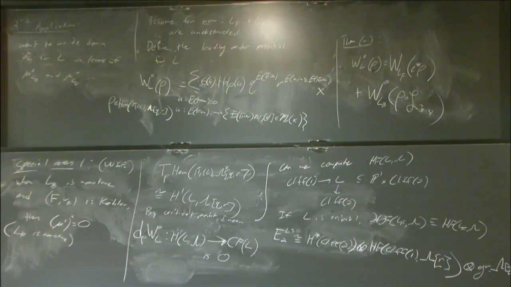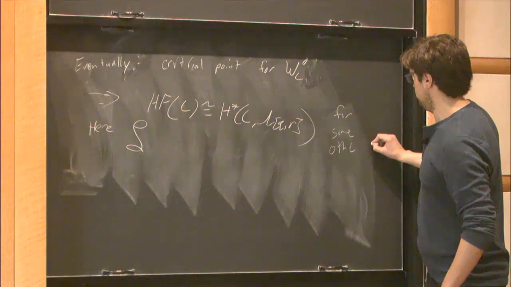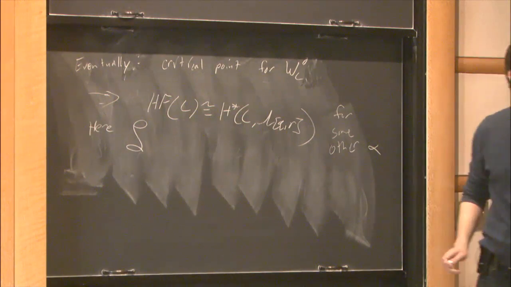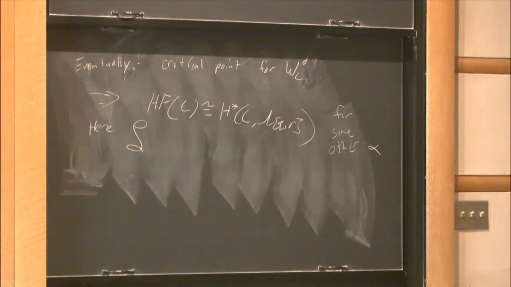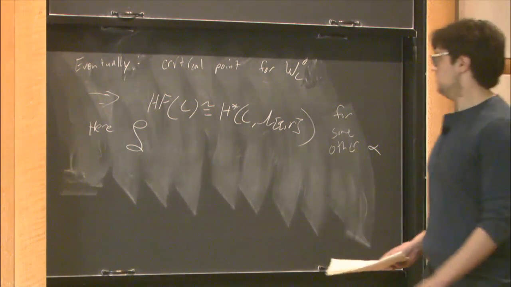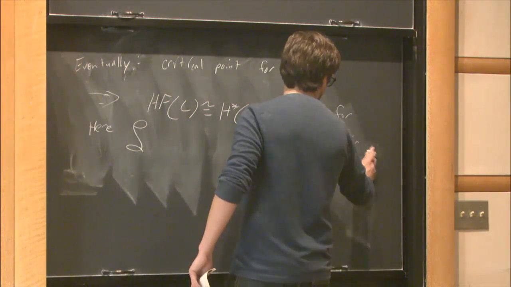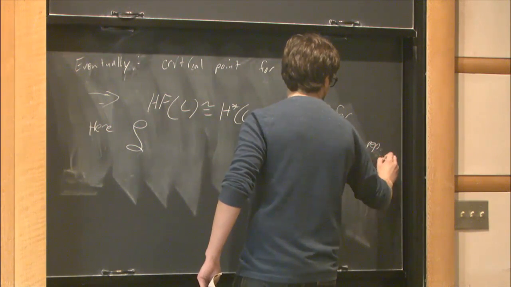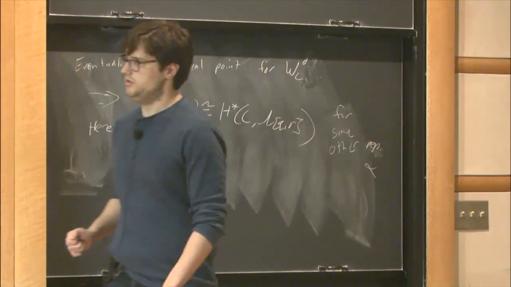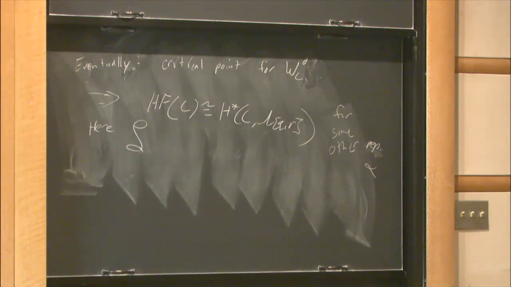So you might have to change for some other, say, alpha or something. Because you solve for alpha order by order or something, right?